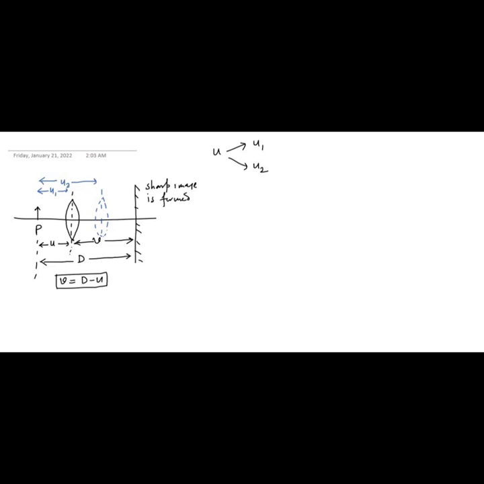And what is this gap? To find the second position, if I need to shift this lens by x along this axis, then u2 minus u1 is equal to x.